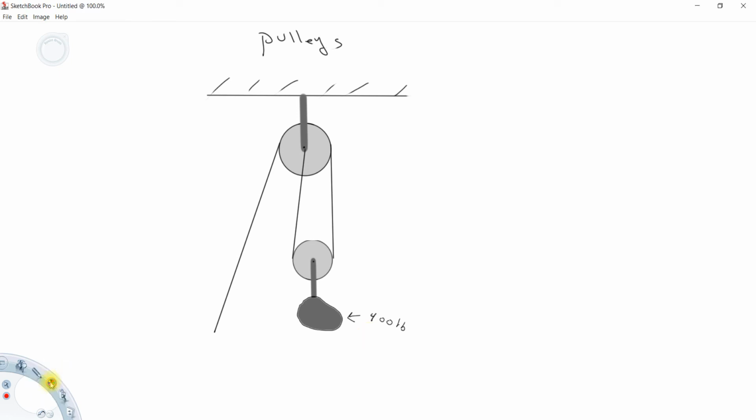And this has a two-pulley system now, attached like so. And we're going to imagine this is one string. Follow it all the way to here. And we're going to talk about, well, how much force do we have to apply this way? In other words, what is the tension here to support at least this 400-pound object?